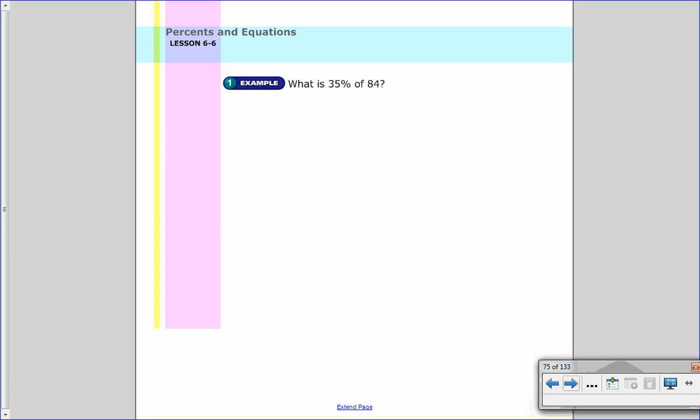Here's our first one. What is 35% of 84? I'm going to read it as it goes across and look for those words is and of. What is 35% of means to multiply 84. In order to actually solve this, I'm going to switch the 35% to a decimal.